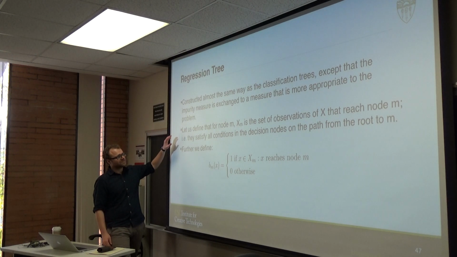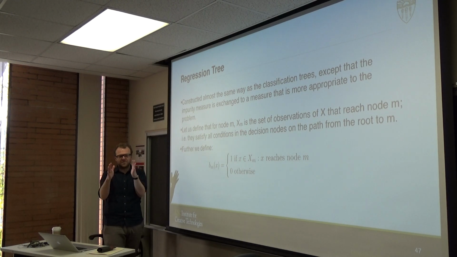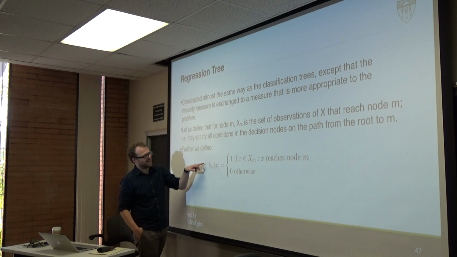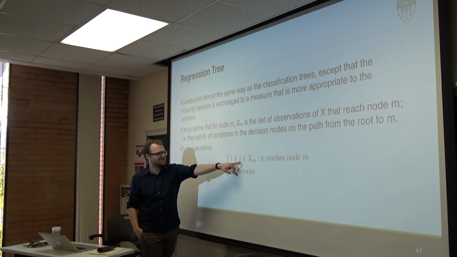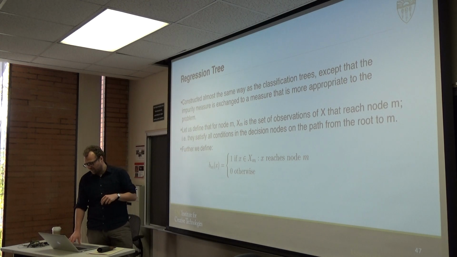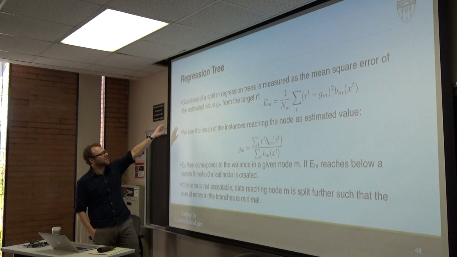Again, we have X_m, the items that fall into a certain node, and we need an indicator variable that is 1 if X is there or 0 if it's not there.